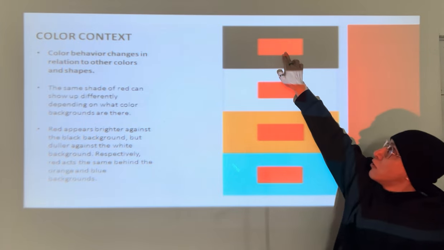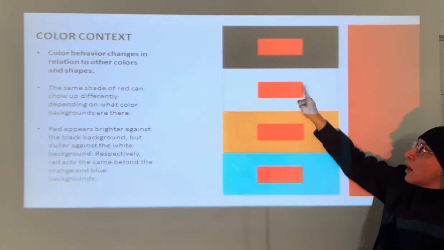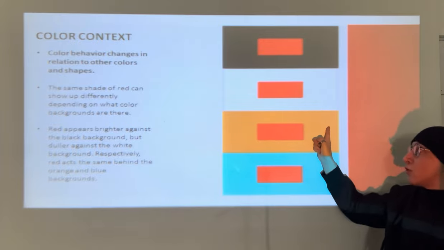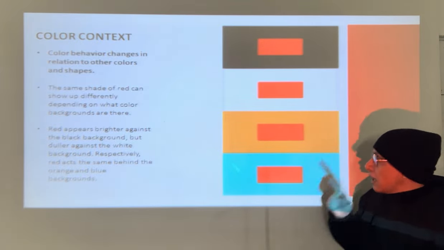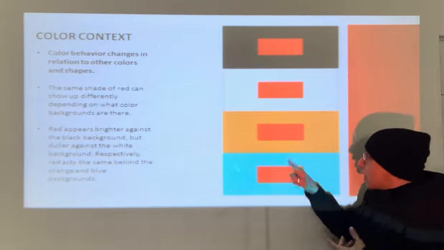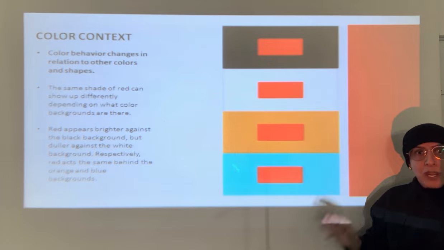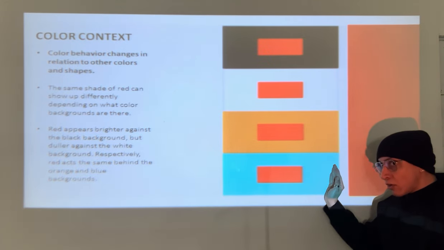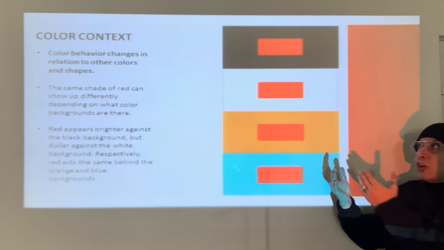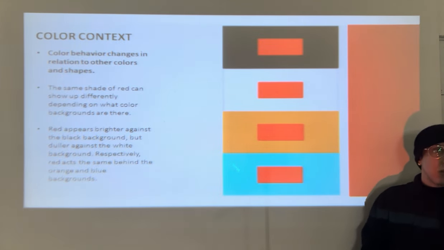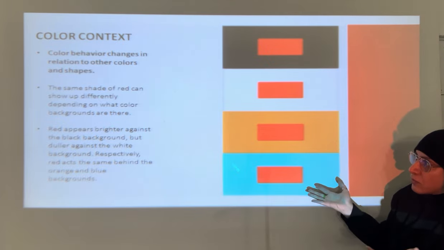But if I add the red with a black background, for example, or red with a white background, or red with orange, or red with blue, and many other examples, it will change the way I see the red. And any color. So any color, if you put next to it or behind it a different color, it can change how you see the original color. And the combinations can be endless.